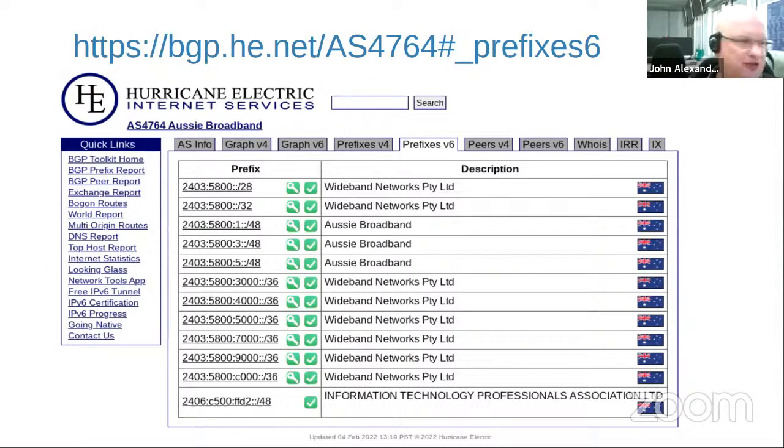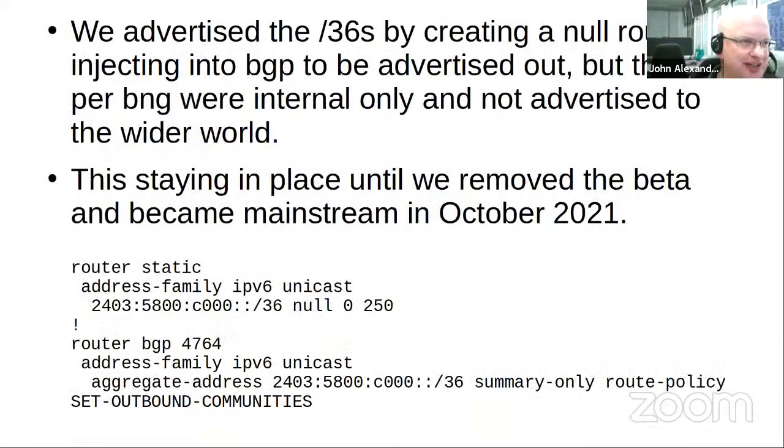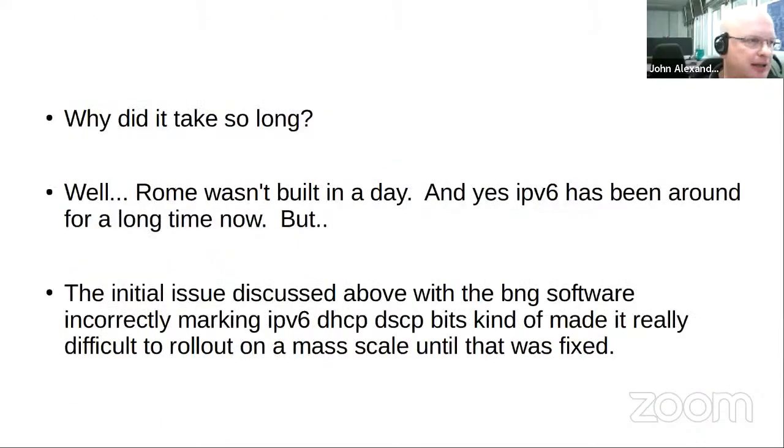So much to Jeff's chagrin, yes, we were dividing up our network into smaller ranges, but we got rid of them. This was how we did our advertising on our BNGs. We did a static route for a /36, and we advertised it out into our internal network, so the rest of the world didn't see it.